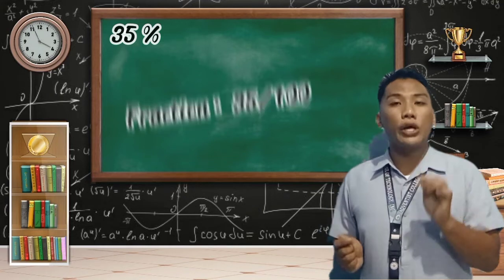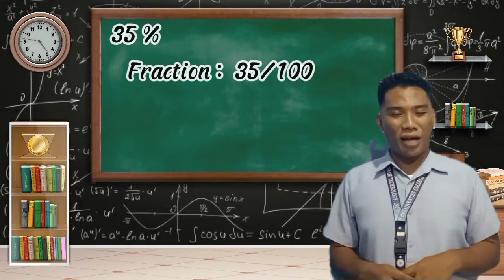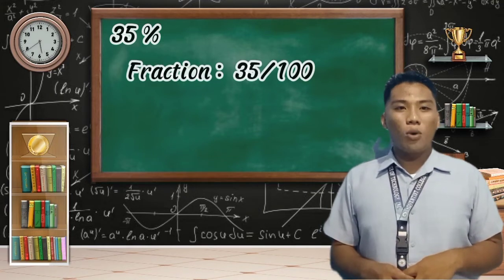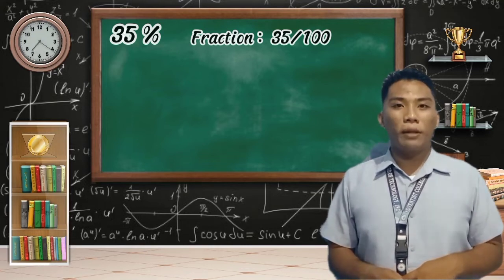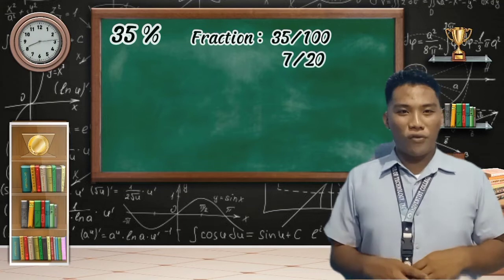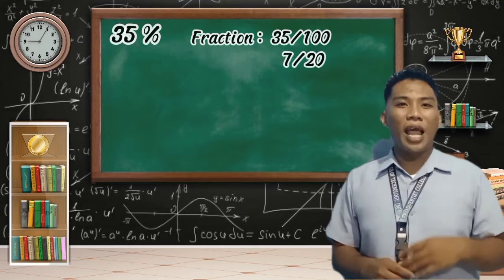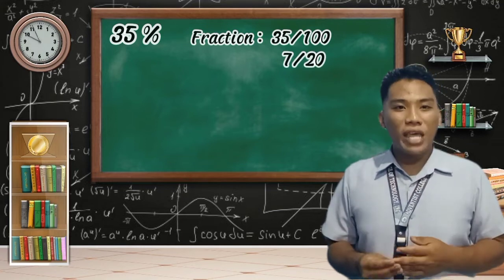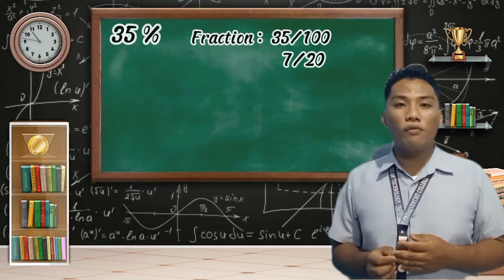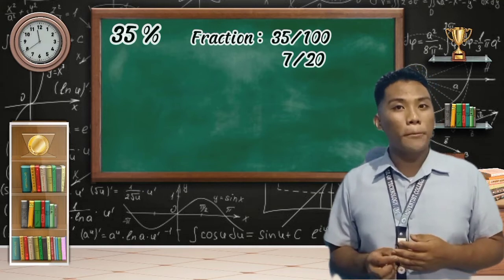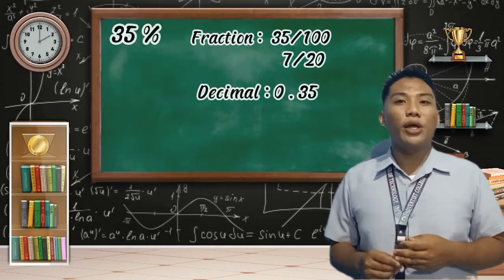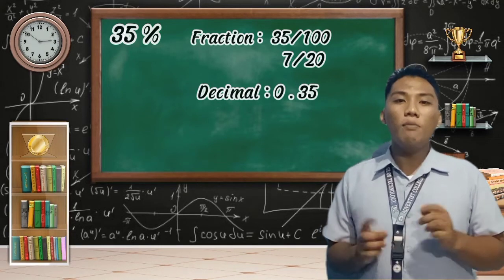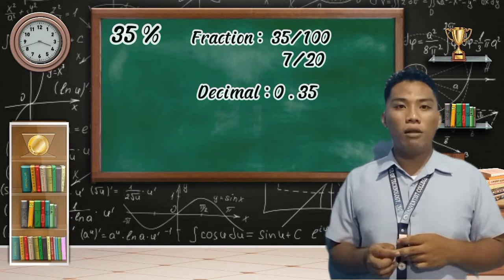Very good, 35 over 100. Then, we must convert it into its simplest form. It will be 7 over 20. So class, anyone can solve what is the answer of 7 over 20 in decimal form? Very good again. It will be 0.35. So the 0.35 is our decimal form.